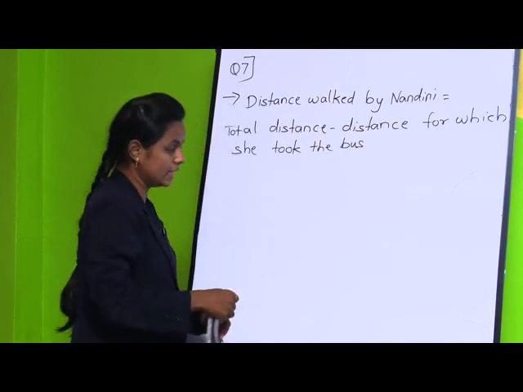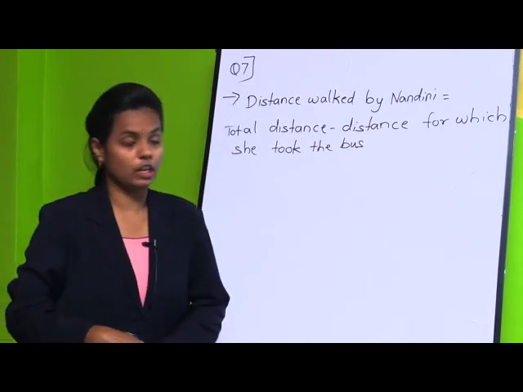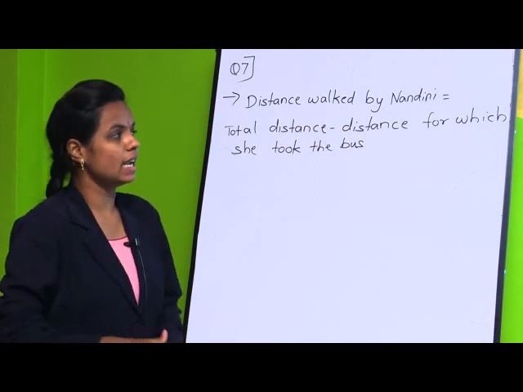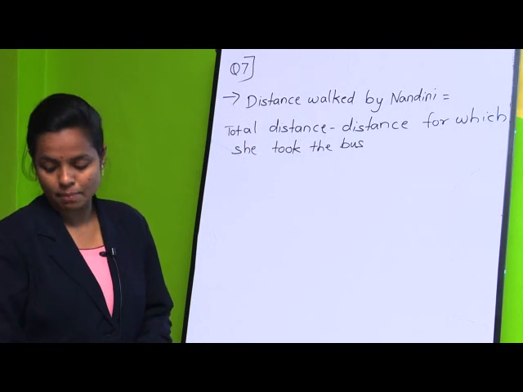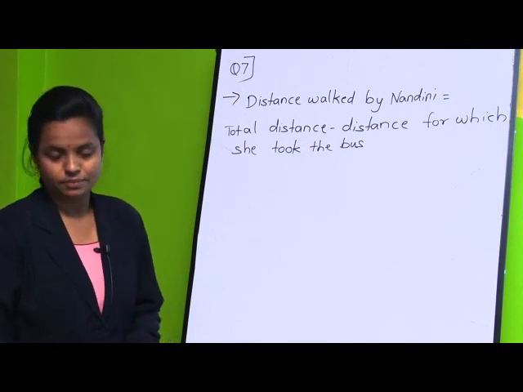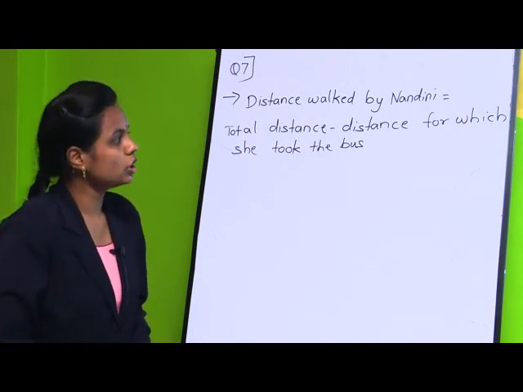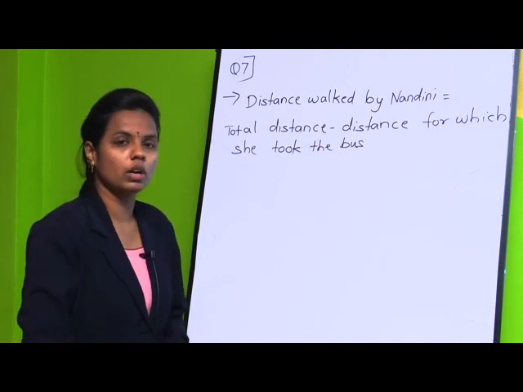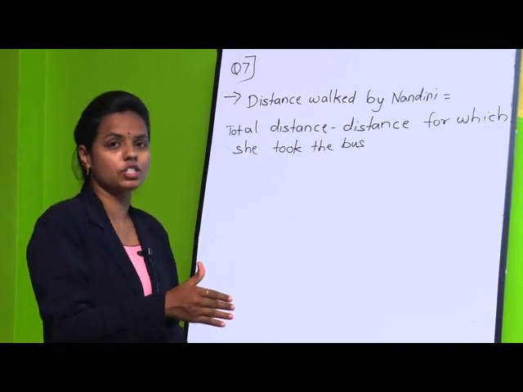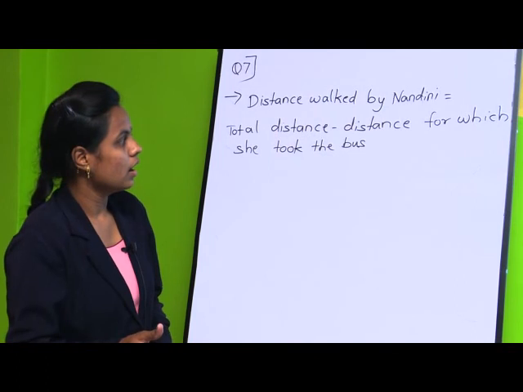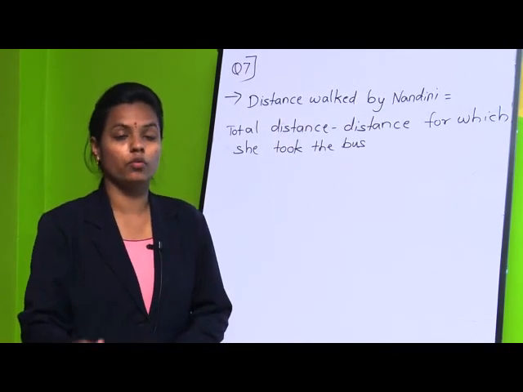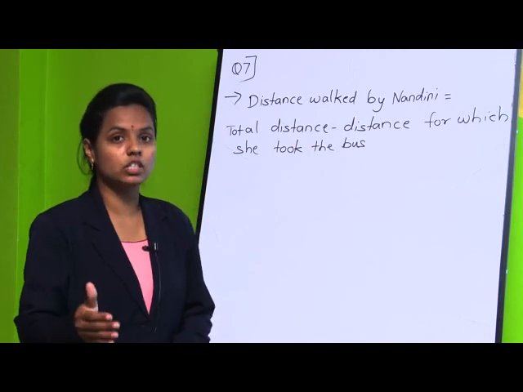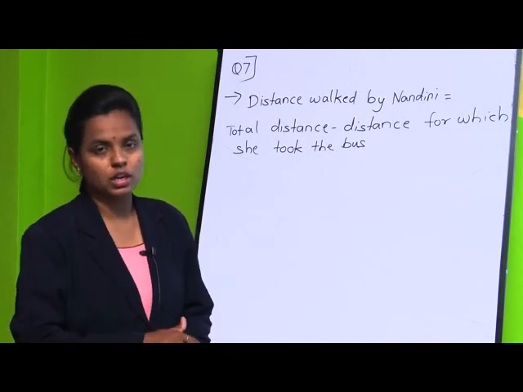Students, just listen carefully. Once again I will read out the question. Nandini's house is 9 by 10 kilometers from her school. So she walked some distance and then took a bus. After walking some distance, she took a bus for 12 kilometers to reach the school.